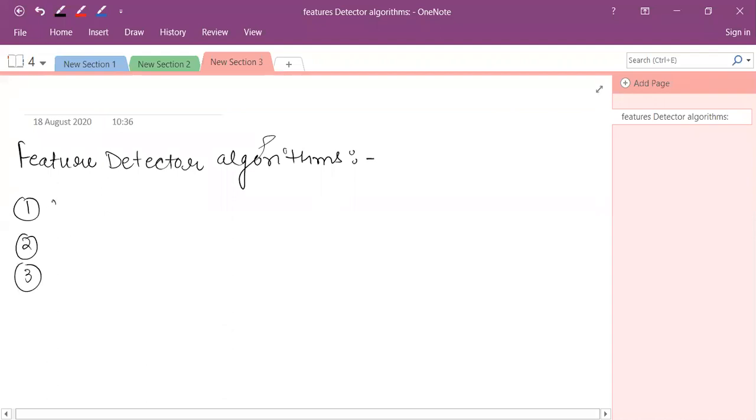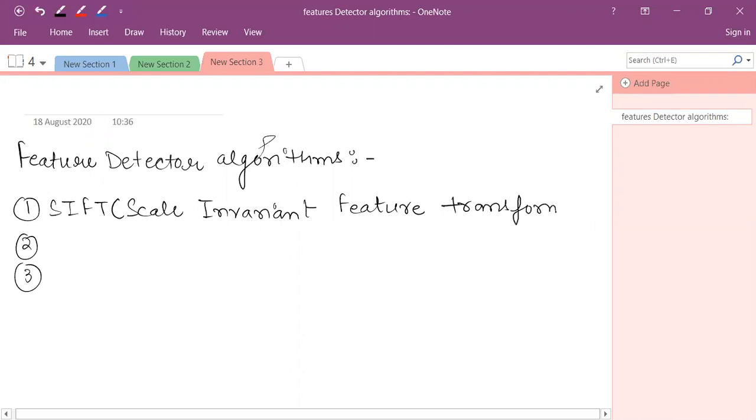the first one is called SIFT, that is scale invariant feature transform. The second one is called SURF, speeded up robust feature.